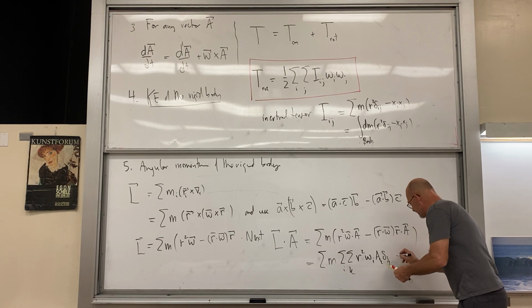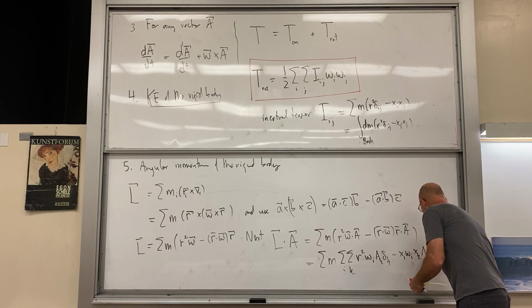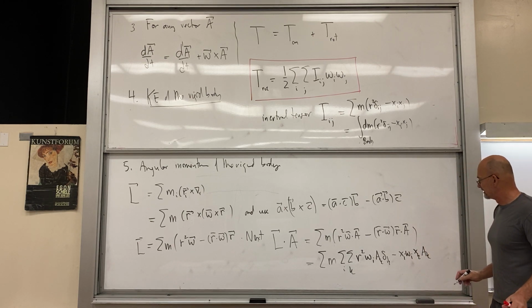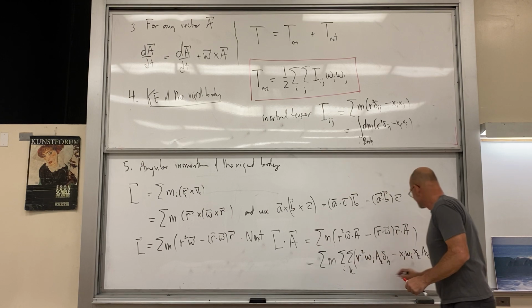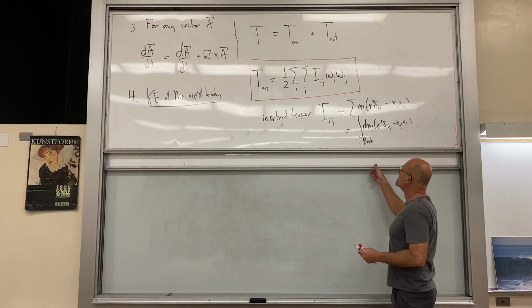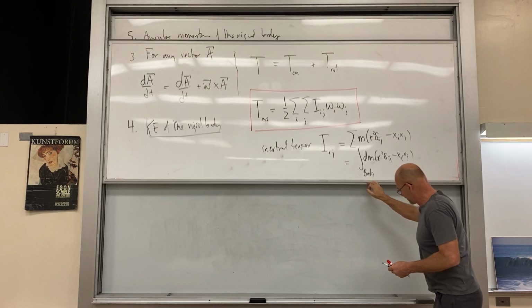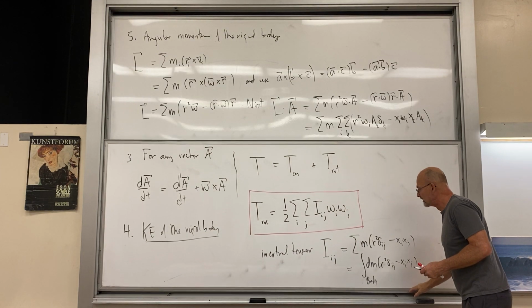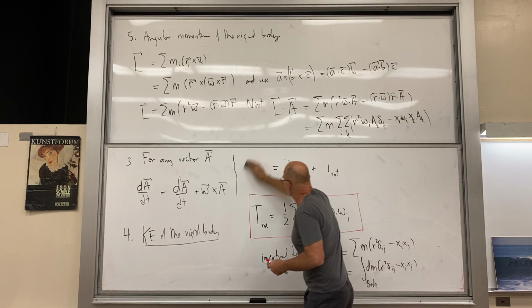Let's just write them out first. Minus xi omega i xk ak. So let's ponder this for a moment. Make sure this makes sense.